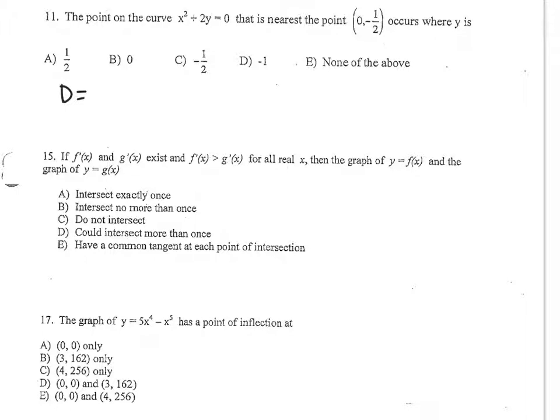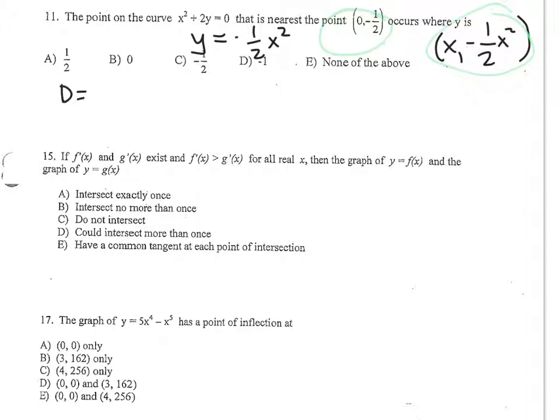Okay, and so our 2 points here, we had y equals negative 1/2 x squared. A point on the parabola could be represented by x comma negative 1/2 x squared. That would be the y value at that particular x. And so our 2 points are 0, negative 1/2, and then x comma negative 1/2 x squared.